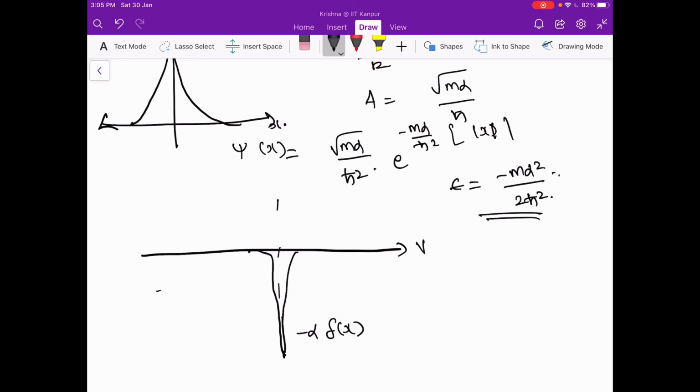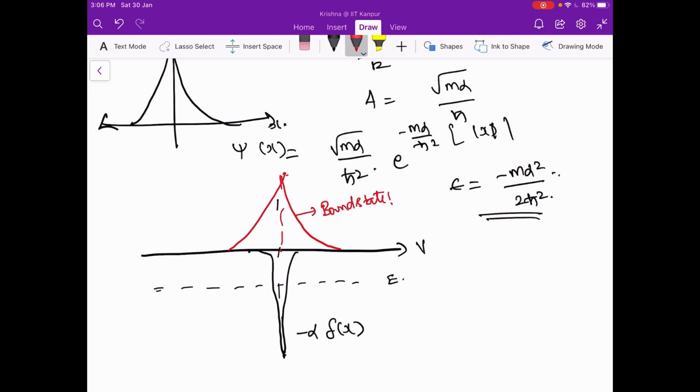If you have energies something like this, which is smaller than the potential, there can be only one bound state, which has a wave function something like this, which decays exponentially from x is equal to 0. This is a bound state, and there is only one solution to this.